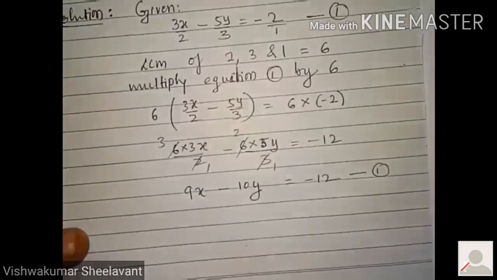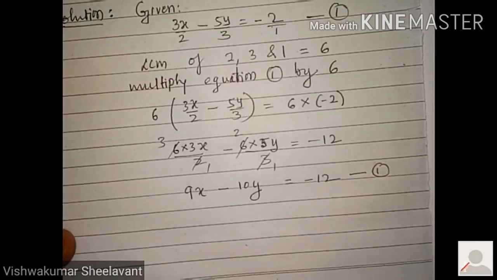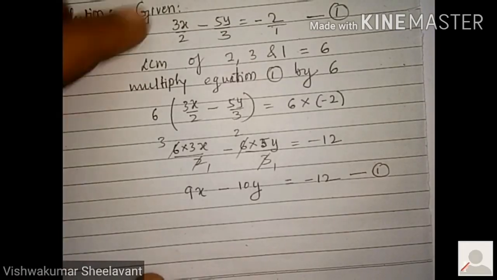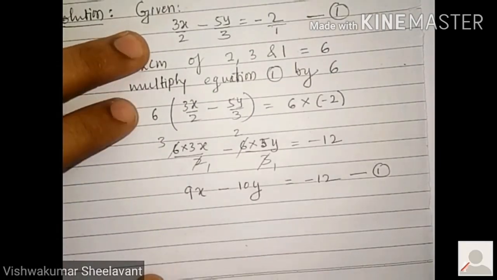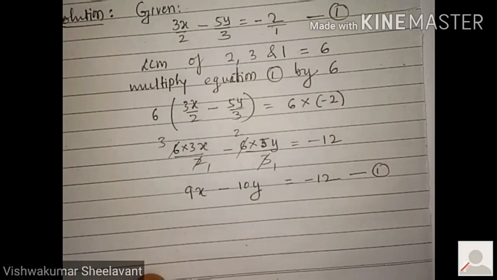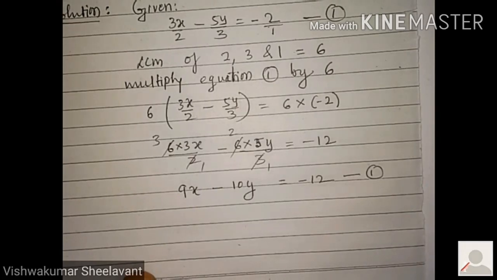This is also equation 1 only. This equation and this equation are not different because on both sides you have multiplied by 6. When you multiply by the same number on LHS and RHS, then equations will not change. Their equality will be maintained.